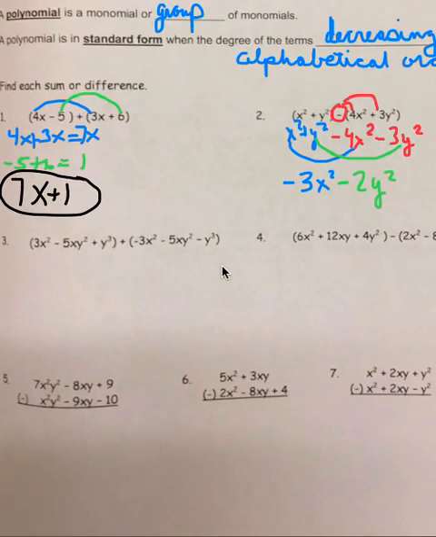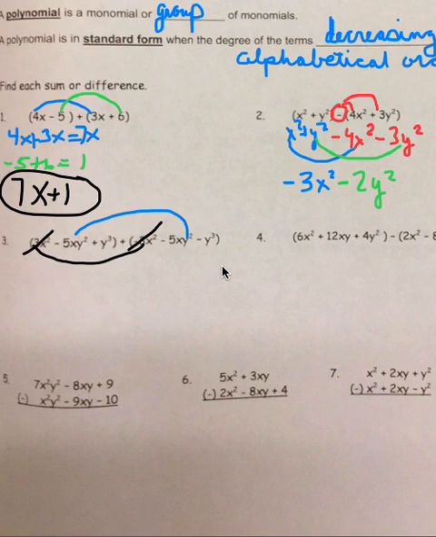Alright, so the next one, number 3, is a trinomial adding a trinomial. So let's look in here. We have 3x squared plus a negative 3x squared. Those will cancel out. We have negative 5xy squared and negative 5xy squared. So in this case, when we're adding, that becomes negative 10xy squared.